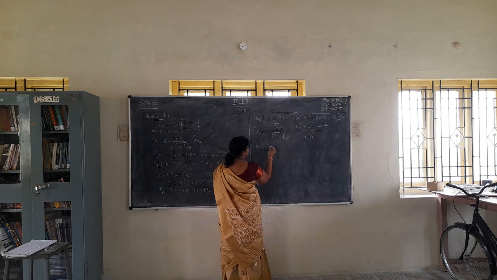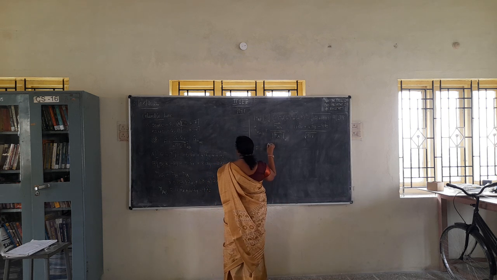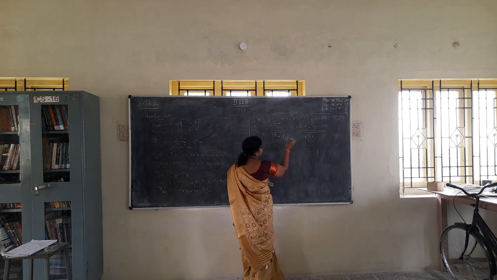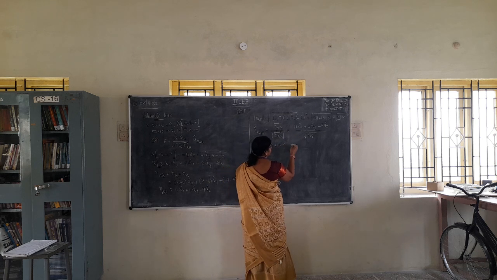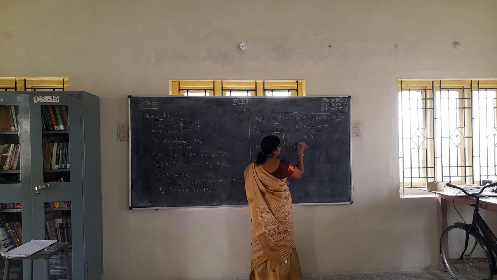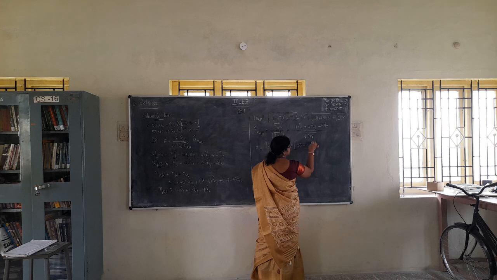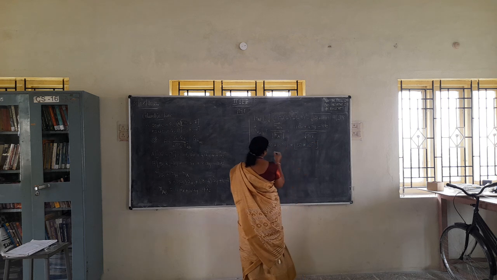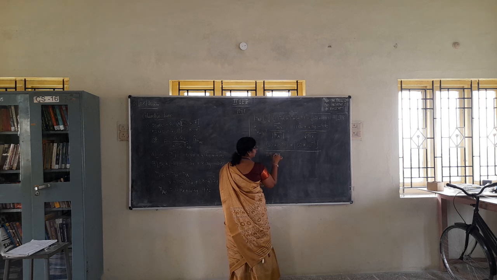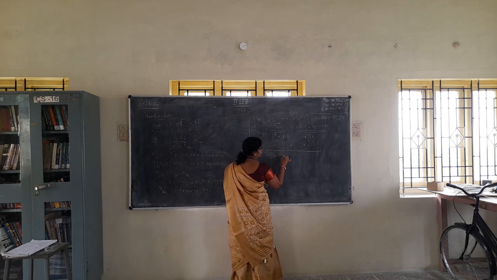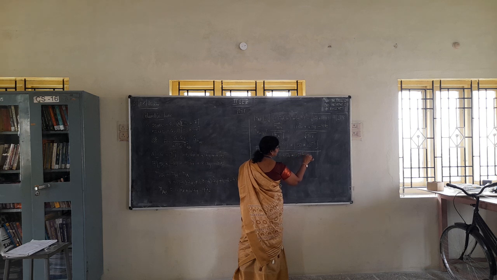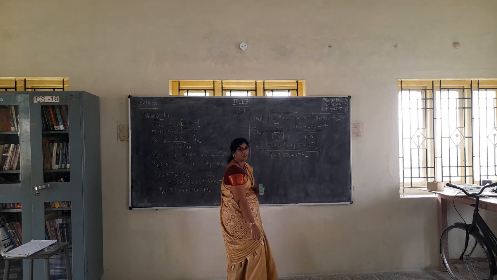Now substitute in the force equation. F is equal to, in place of Q1, 20 into 10 power minus 6, times Q2 value, 50 into 10 power minus 6, divided by 4 pi epsilon naught, with value 8.854 into 10 power minus 12, into RAB the whole square.